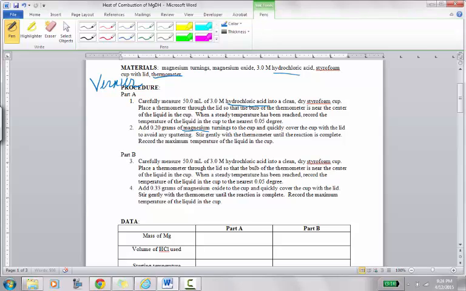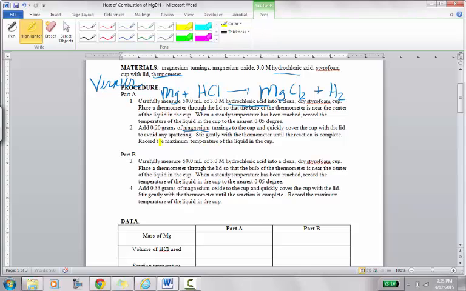So in part A, you're going to take some magnesium that you measure out, put it together with that hydrochloric acid, and let that react. And you've seen it do this before. In fact, we did it not long ago in a lab where we determined the molar volume of the hydrogen gas that was produced. At the time, we were interested in the hydrogen gas. Now, what we want to measure, not so much either of the products, but the change in temperature.